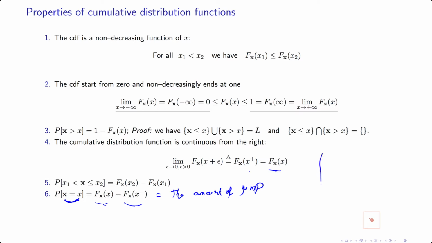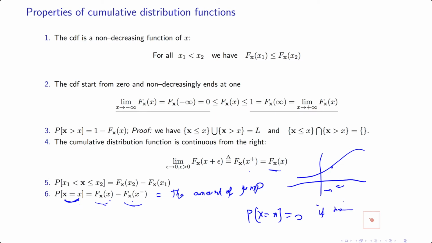This means that if your CDF is a continuous function, the limit from the right and the limit from the left are equal. So the probability of X equal to x is 0 if there is no discontinuity.